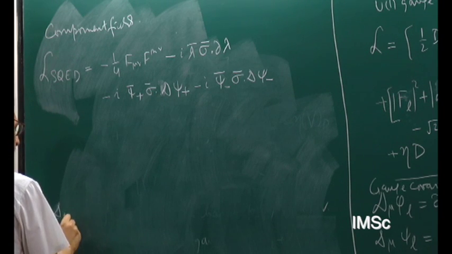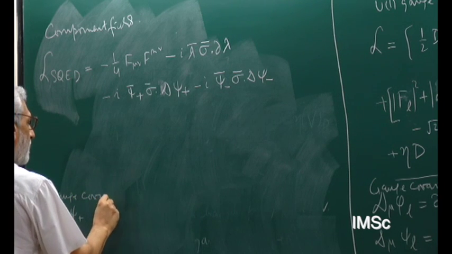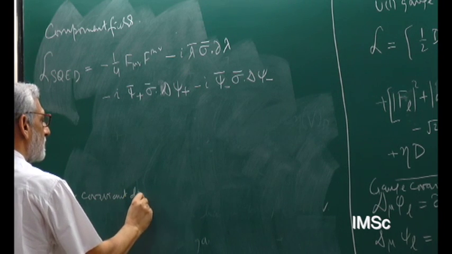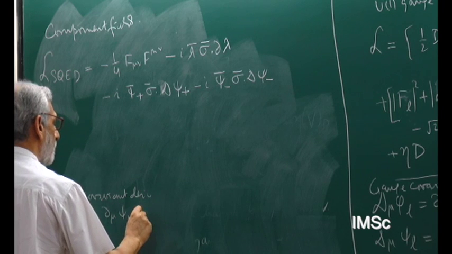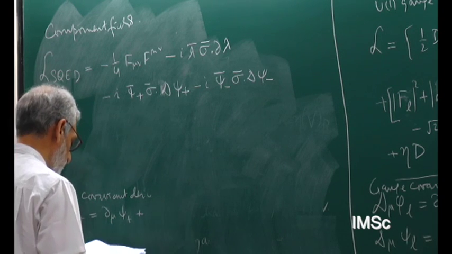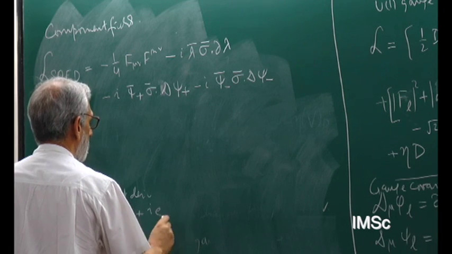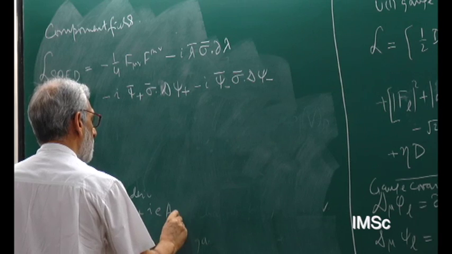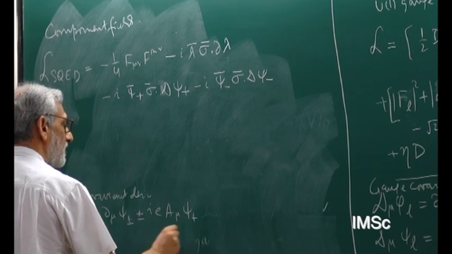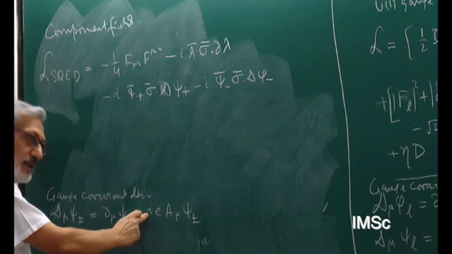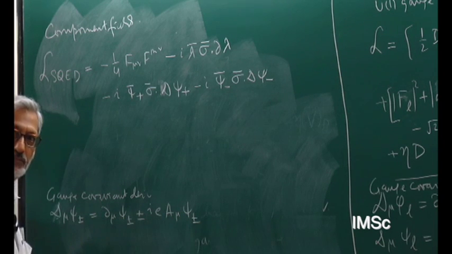The gauge covariant derivative of psi plus is d mu psi plus plus i e A mu psi plus, and for minus this changes sign, because in the covariant derivative the charge of the field that it acts on sets the sign.